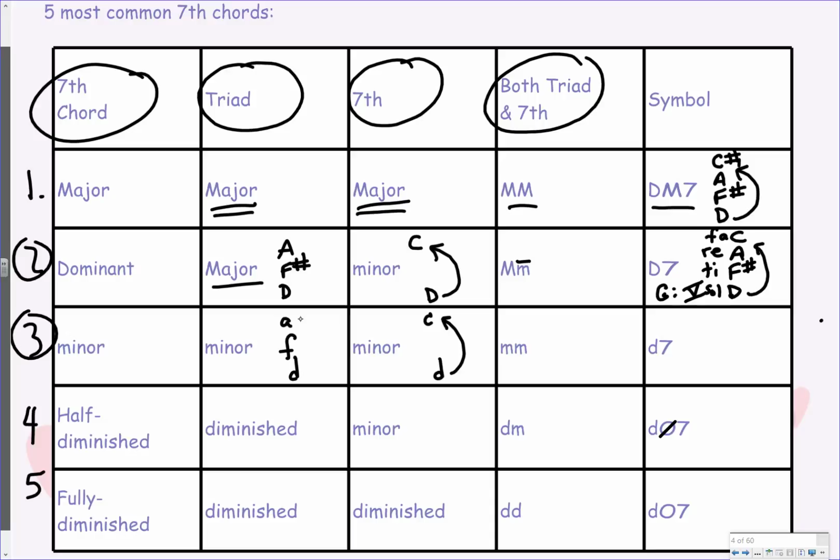And in the 4th column here, I would simply indicate the minor 7th as 2 lowercase m's for minor triad plus a minor 7th. My chord symbol would be a lowercase d followed by a 7. So I can now build the minor 7th chord. I need a minor triad, D, F, A, and a minor 7th, D, F, A, C.